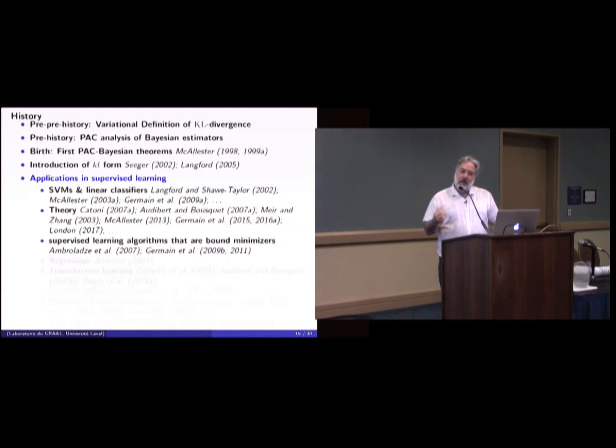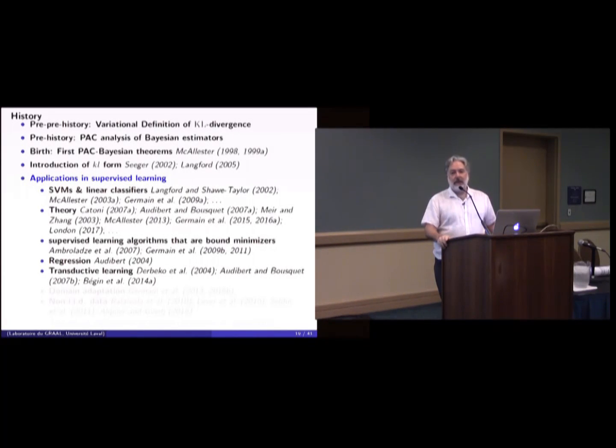Also, you have this interesting thing that if you have a bound, you can try to minimize it, or to minimize a surrogate of it. And then you can construct many different algorithms that will have some nice property, they will have some guarantee due to the bound. And we also have PAC-Bayesian theory in regression and stochastic learning.